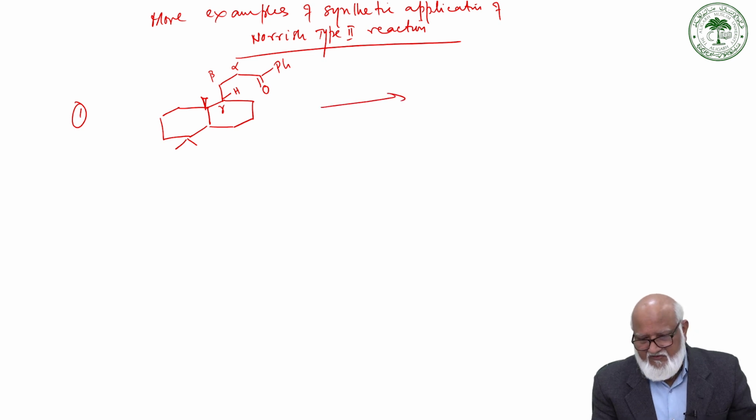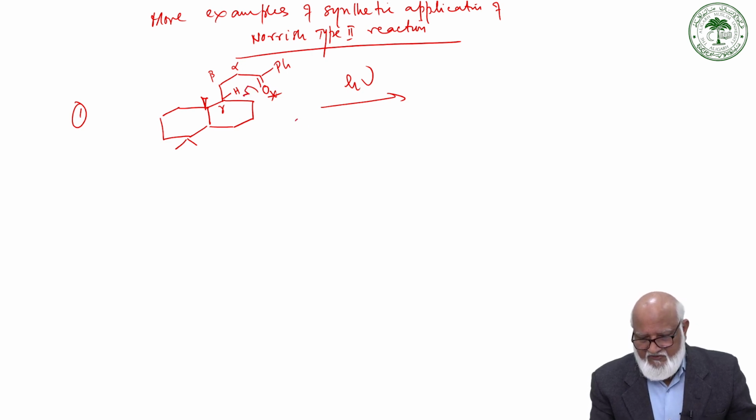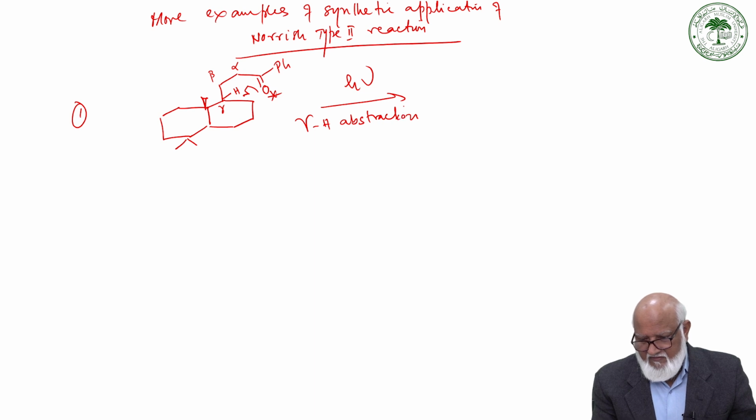In the presence of light, the carbonyl goes to the excited state and is set for gamma hydrogen abstraction by the excited carbonyl.